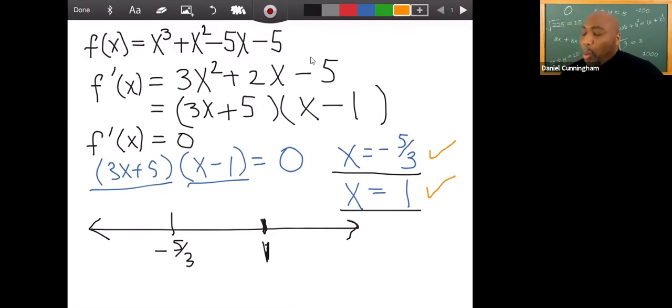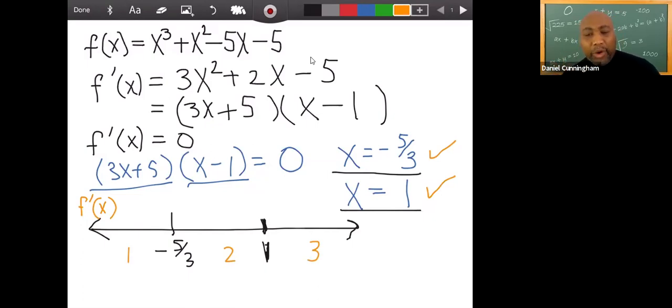So now, once I have a number line, I put my critical values. I'm going to put f prime of x. This is very important. I want to figure out within these 3 intervals, interval 1, 2, and 3, is it positive in the first interval? Is it negative? Is it positive in the second interval or negative?